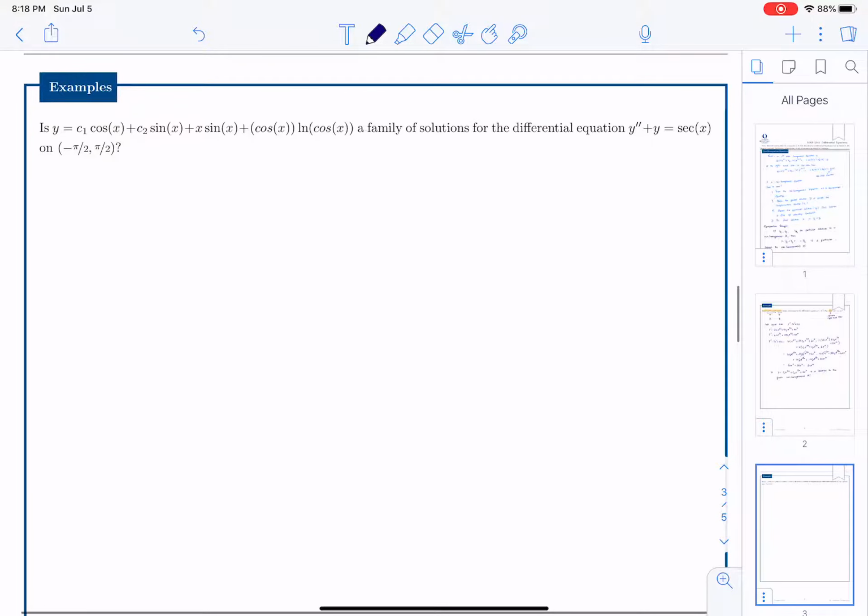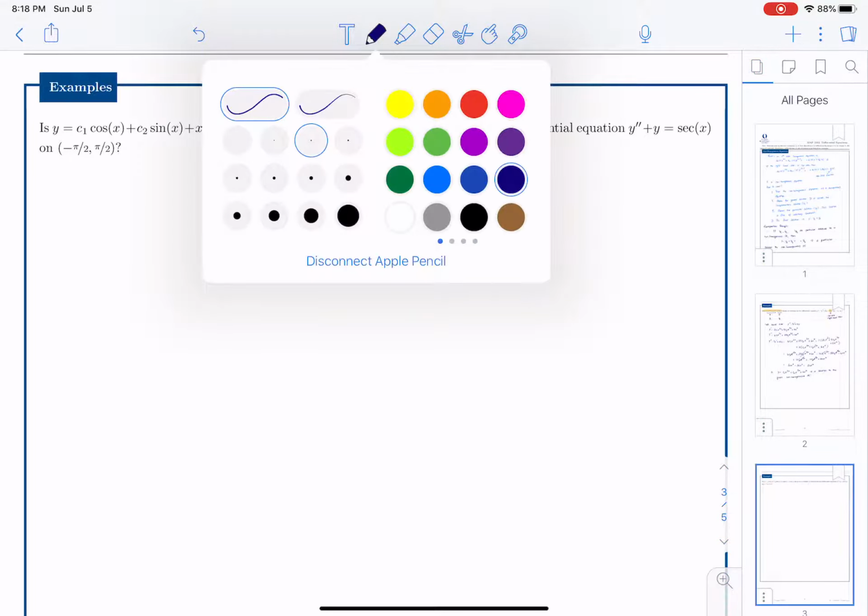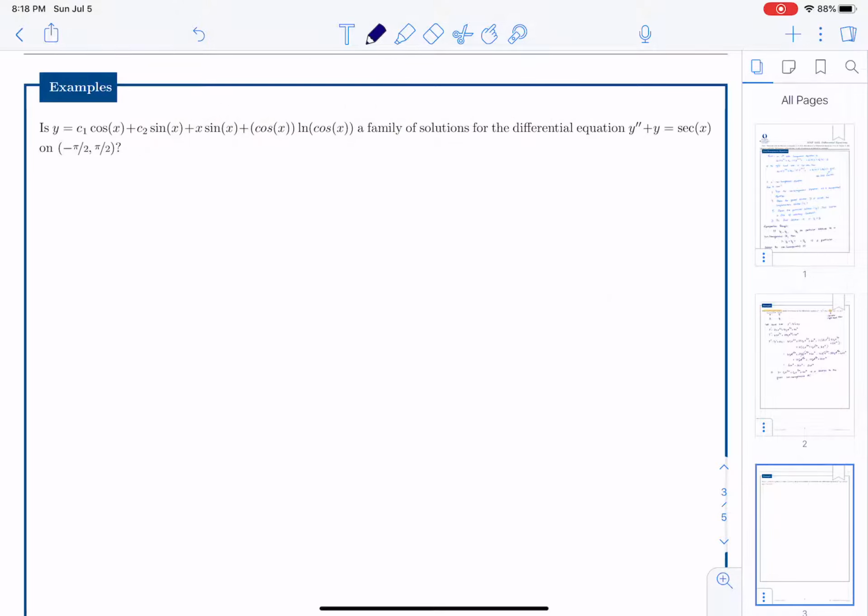This is a problem similar to the previous one, only in this case we have trigonometric functions, just for variety. So y is c1 cosine x plus c2 sine x plus x sine x plus cosine x multiplied by ln of cosine x. Again, there are two parts.